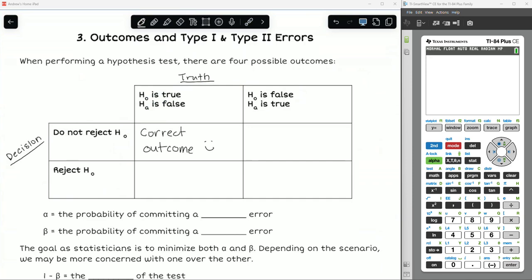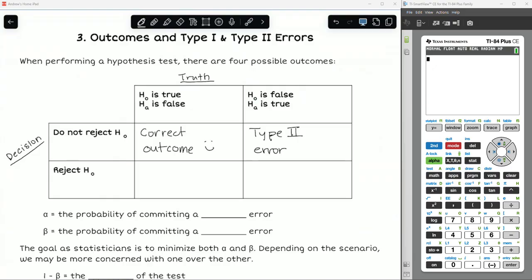If we fail to reject the null, and the null is actually false, meaning we should have rejected it, that's what we call a type 2 error. So type 2 errors are when we fail to reject when we should.